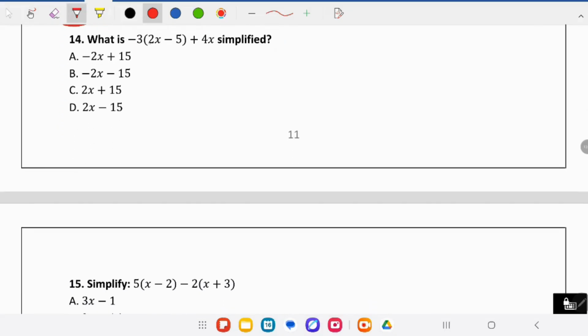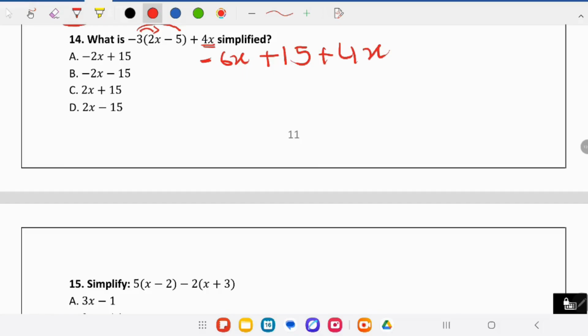In this question, negative 3 times 2x, which is negative 6x. Negative 3 times negative 5, which is plus 15. And this plus 4x is outside the bracket, so I'm going to write plus 4x here as it is, because it's not multiplying with the bracket, so I cannot multiply.